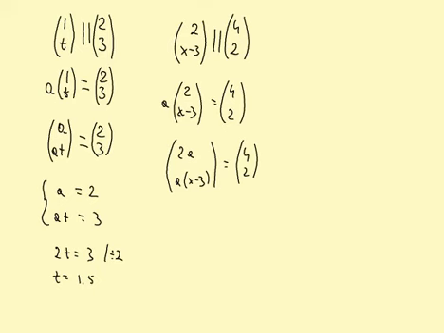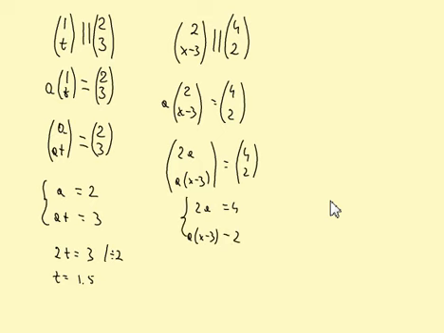Now, here we have 2a equals 4. Because the two vectors are equal, their respective components are equal. So the second components are also equal: a times x minus 3 equals 2.